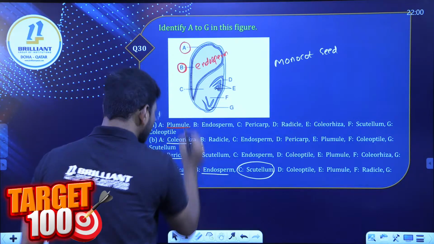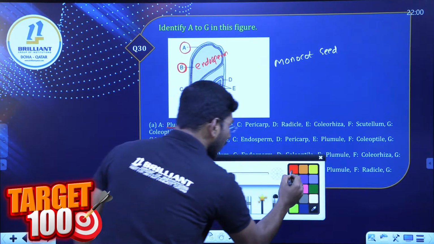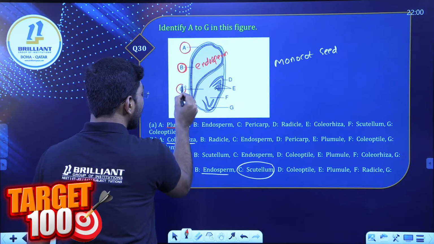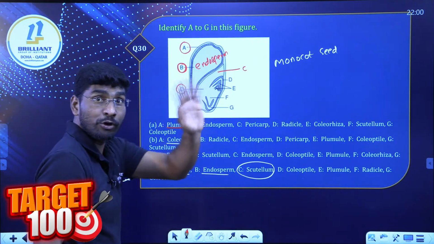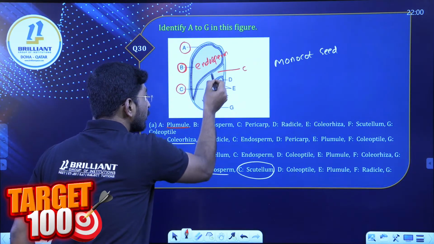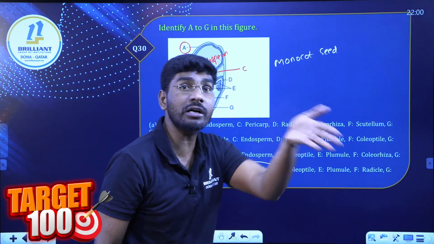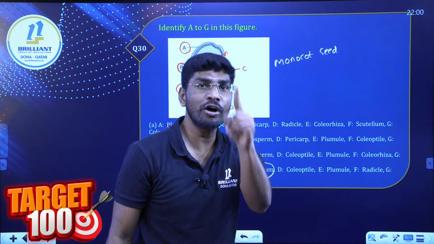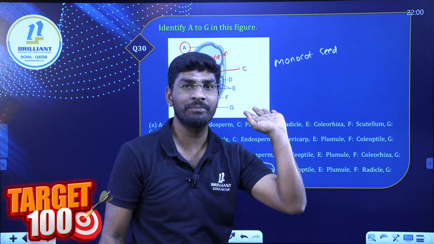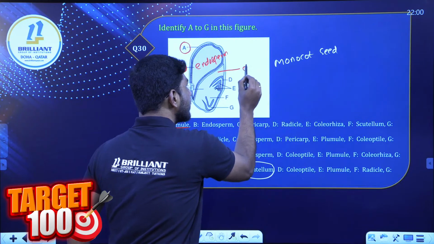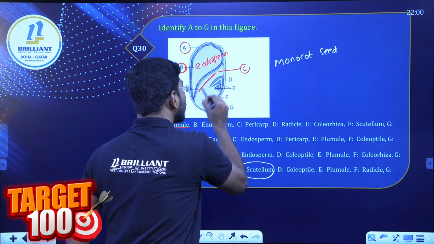C, scutellum. But students, one minute, I'll tell you. In NCERT, exactly here it is given C. Don't get confused. This is completely scutellum. Scutellum is nothing but cotyledon. Monocot has a single papery cotyledon. In the NCERT diagram, here it is given C, that means this complete area is scutellum.